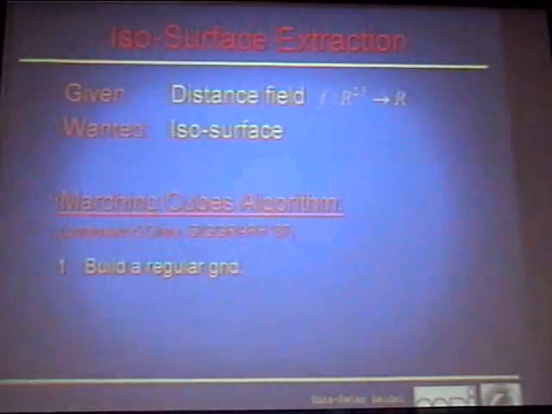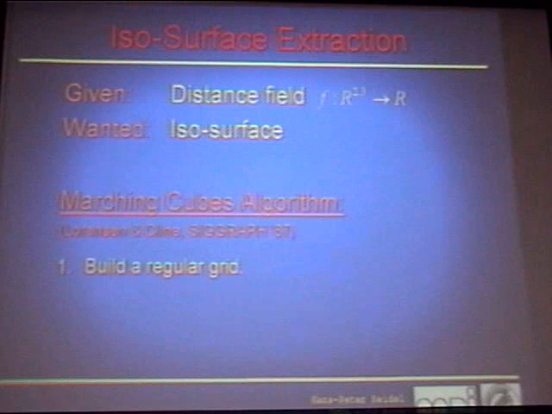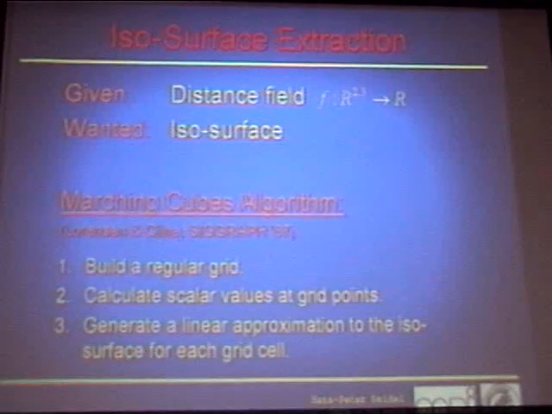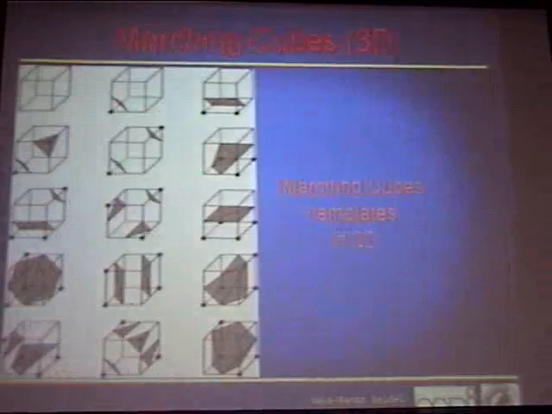So one of the standard algorithms for this is the marching cubes algorithm, well understood by now. You build a regular grid, you calculate the values of these distance fields at the grid points, and then you generate a linear approximation to the ISO surface for each grid cell.